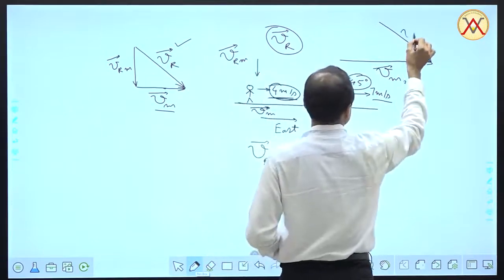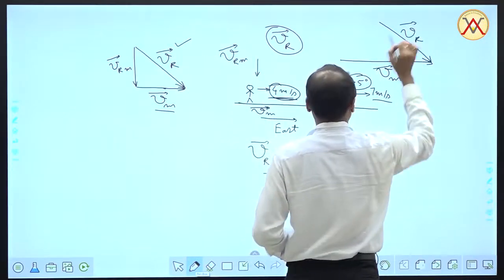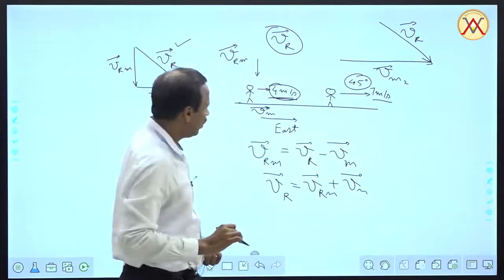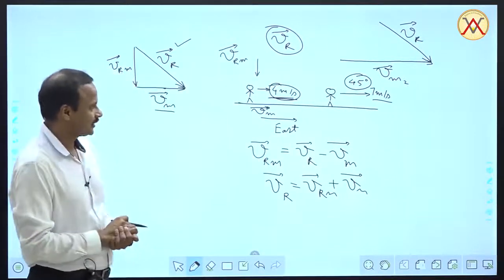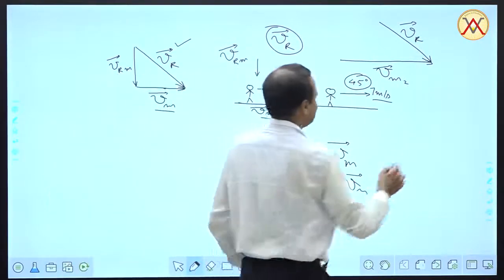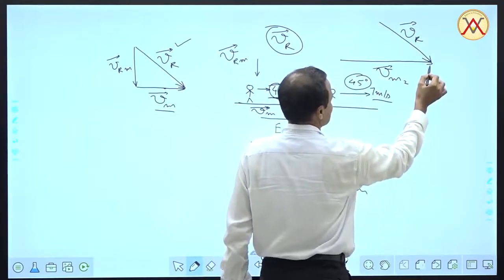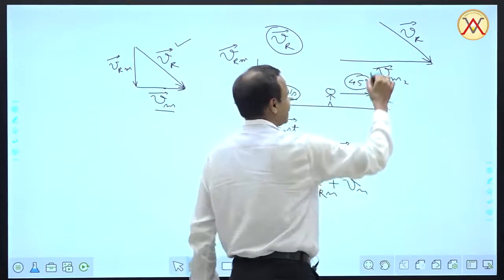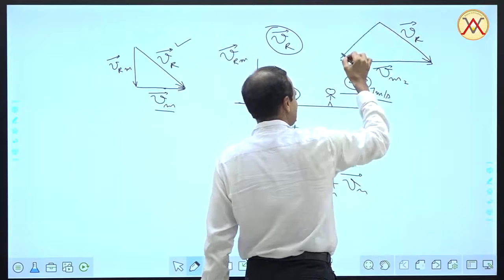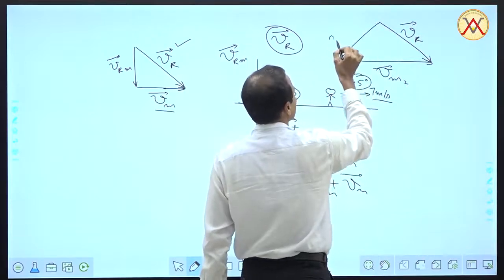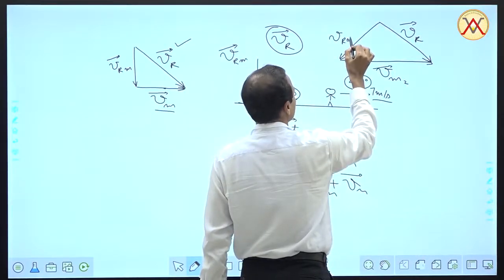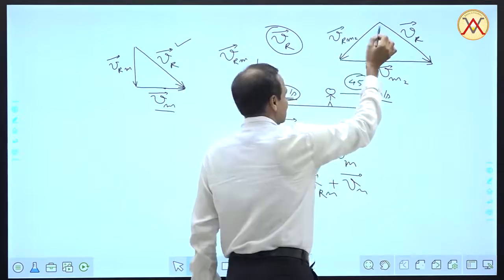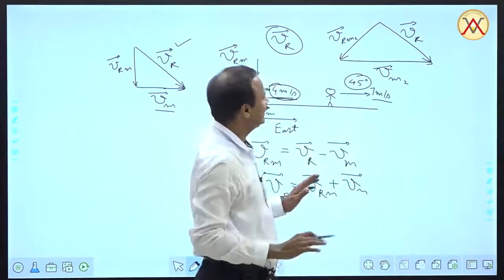These two are exactly same vector Vr. So what should be Vrm vector? Vrm vector is, if it is added to this Vm2 gives us Vr vector. So this one is your Vrm2 vector.